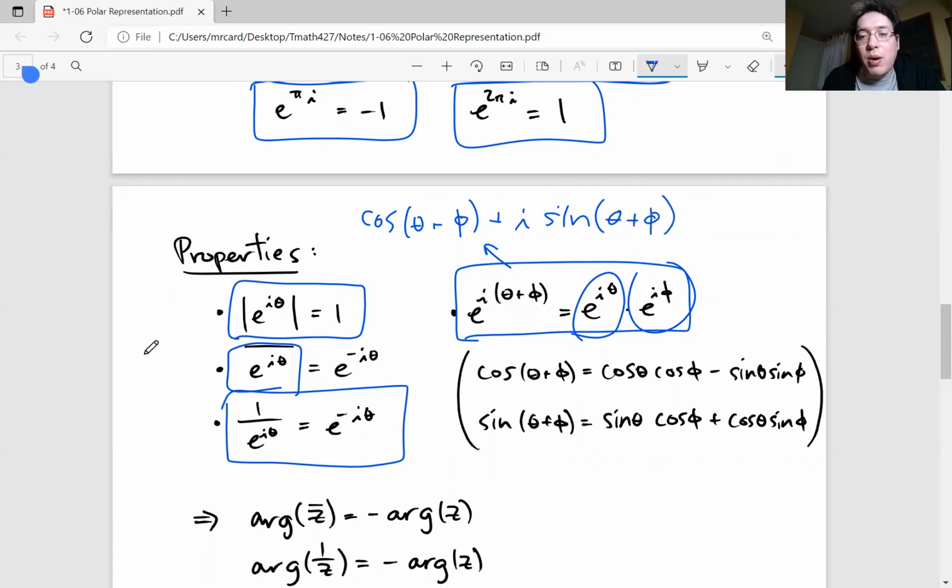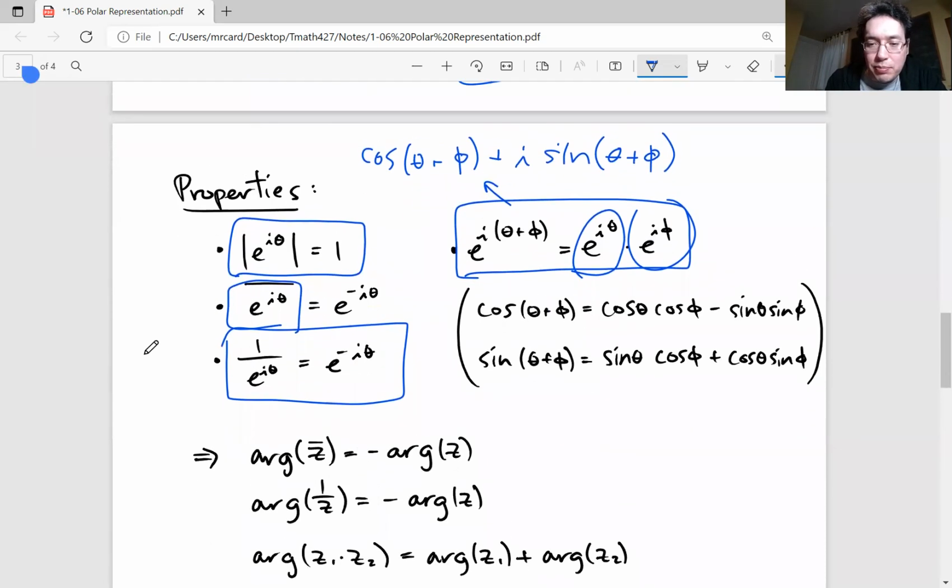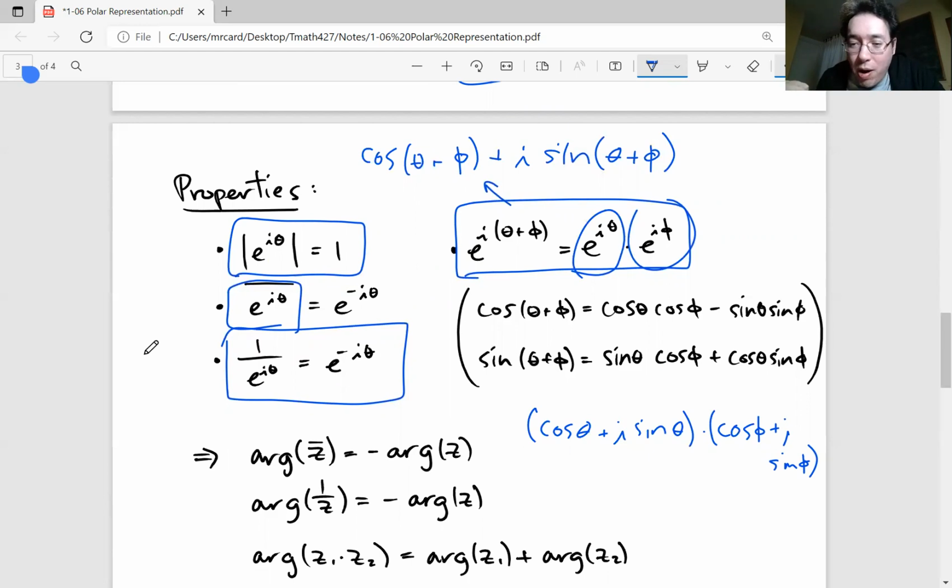Okay. And then on the right-hand side, you'll be multiplying cosine theta plus i sine theta, that's the first factor, by cosine of phi plus i sine of phi. I'm going to run out of room, sorry. And then you can multiply this out. If you look at the real parts of both sides of the equation, the real part is cosine of theta plus phi on the left-hand side.